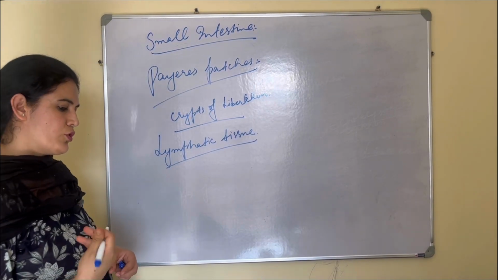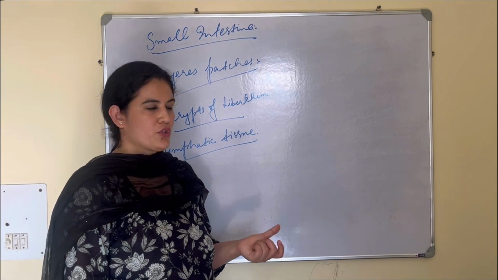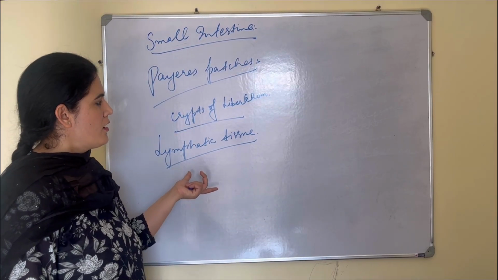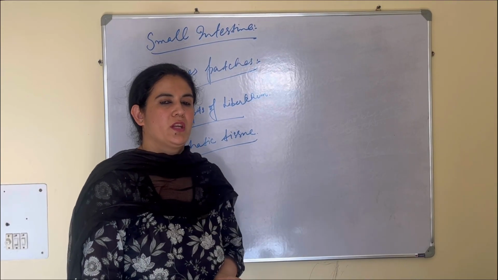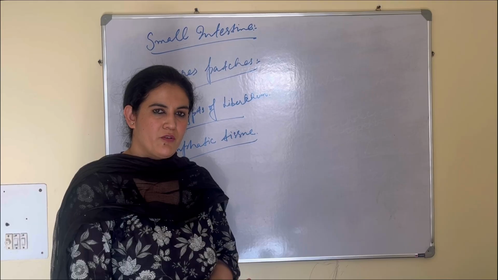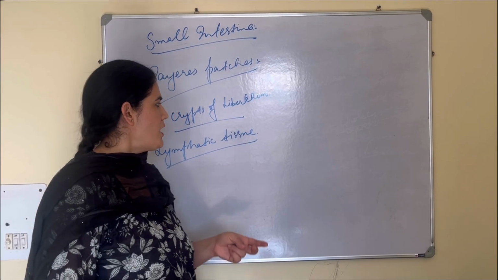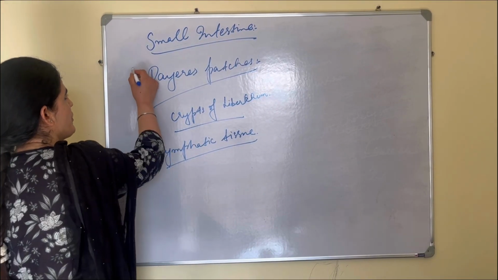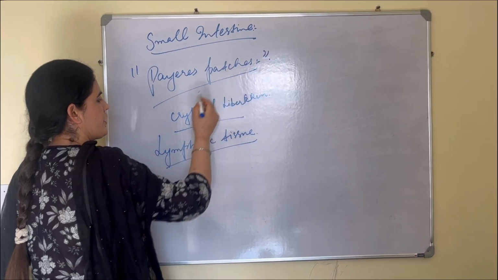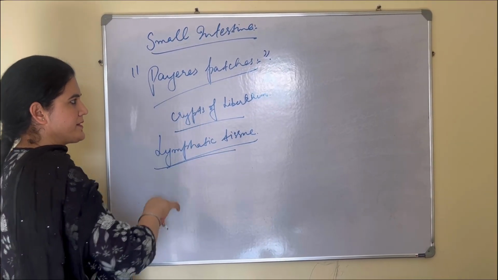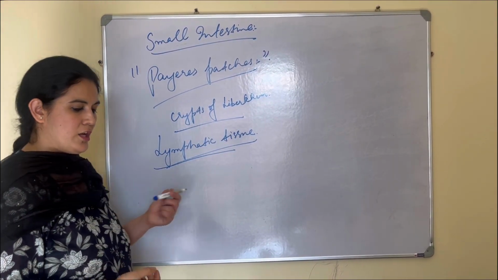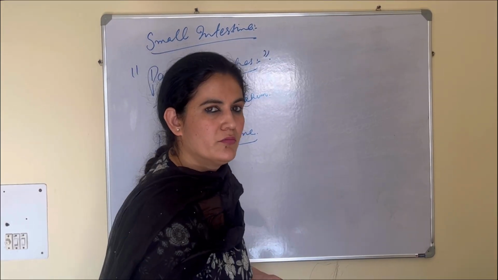Lymphatic tissue has lymphocyte cells, and it helps in protection. It prevents certain infections, killing bacteria. So Peyer's patches contain lymphocyte cells, and they help in the killing of bacteria and other microbes.